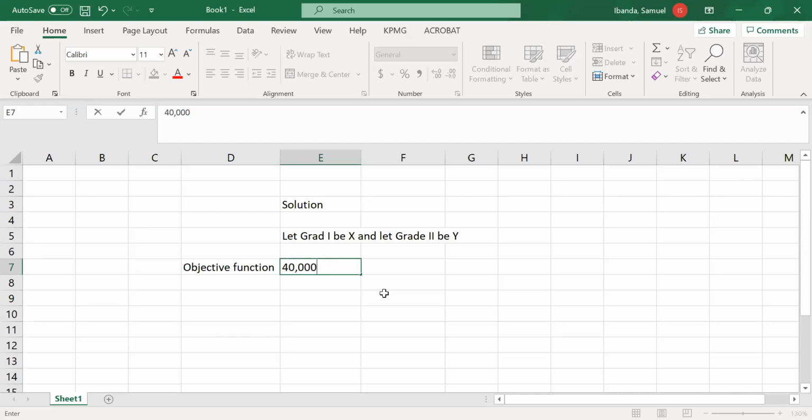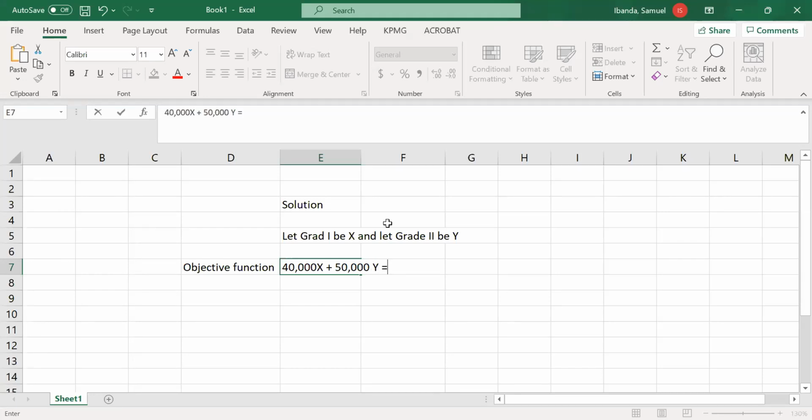So here, let me use X since I've already included that. So 40,000 X plus, they also gave me 50,000 for grade 2. So I'm going to include that, 50,000 Y.